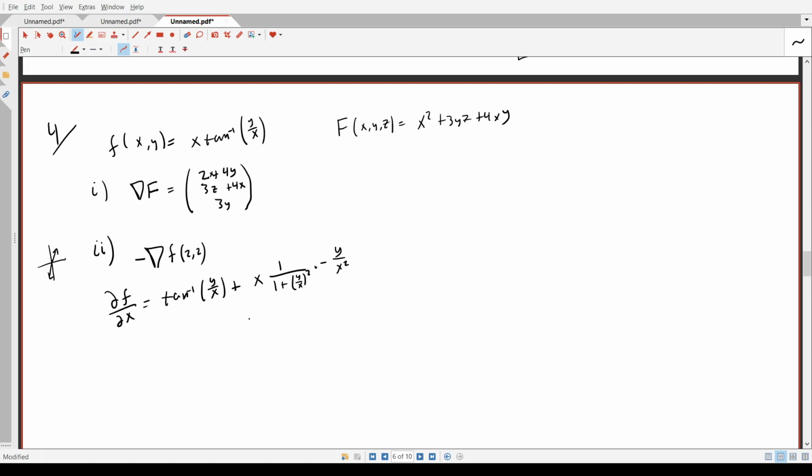Okay, I put this over a common denominator, and what I get is tan inverse y over x minus xy over x squared plus y squared.